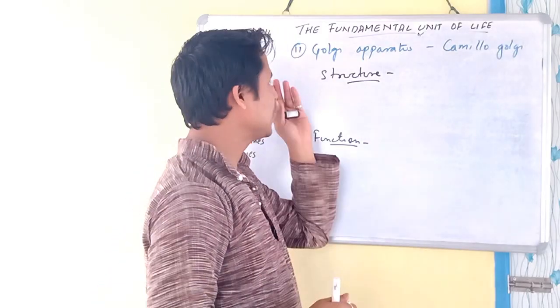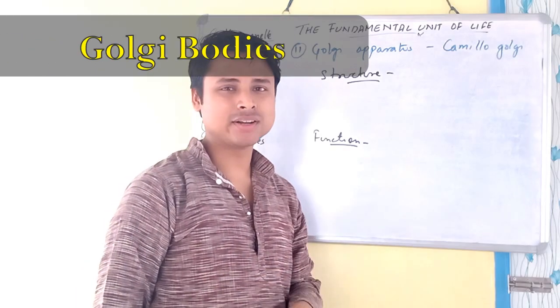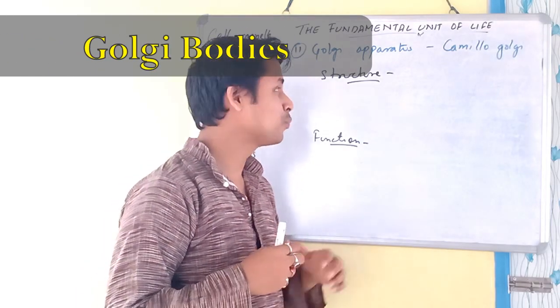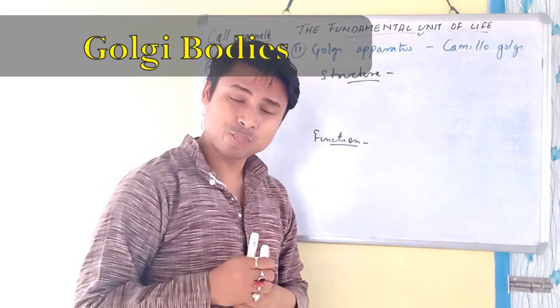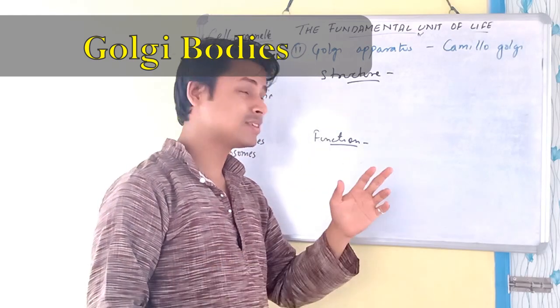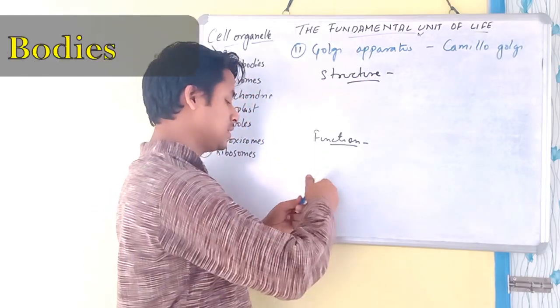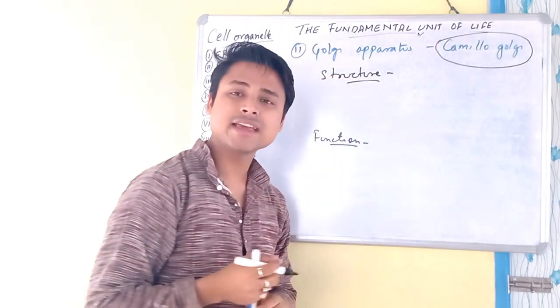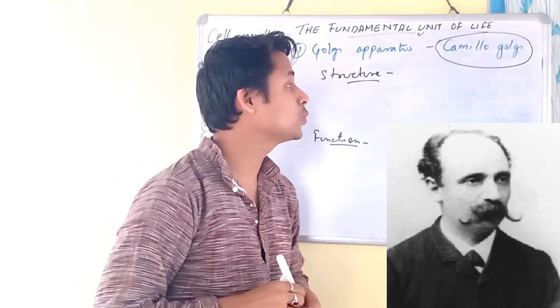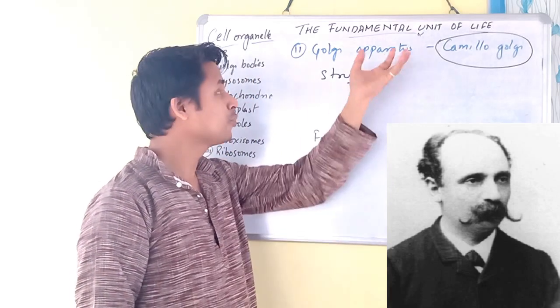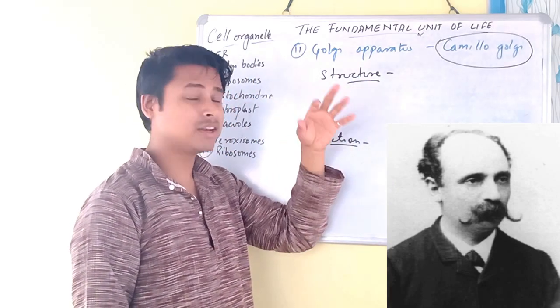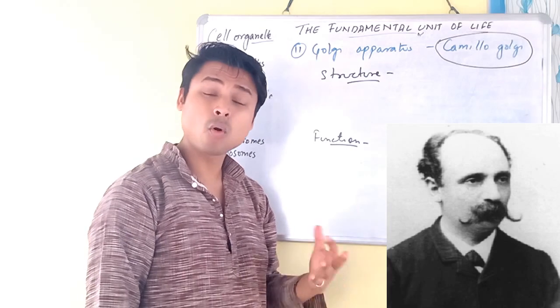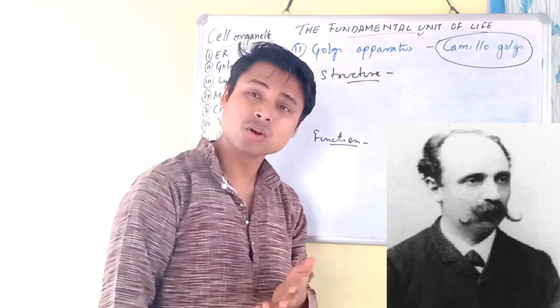Next topic is Golgi apparatus or Golgi bodies. So this is the next cell organelle. What does this do? Before going to know that, we will see this Golgi apparatus was described by Camillo Golgi, a scientist. Because of his work, it is named Golgi apparatus or Golgi bodies.